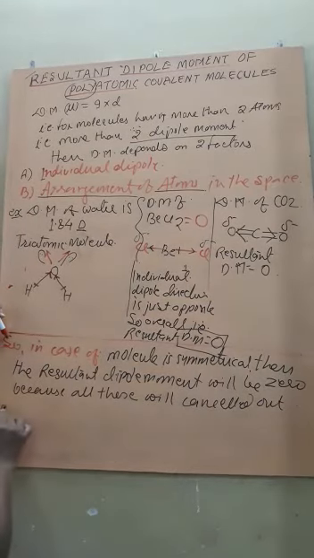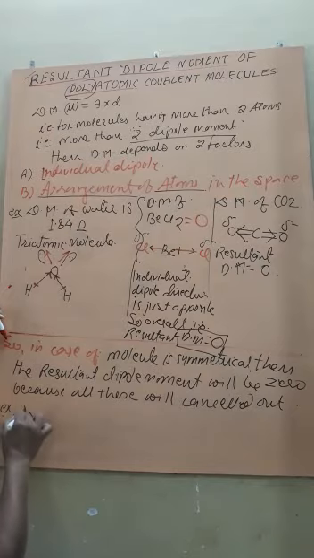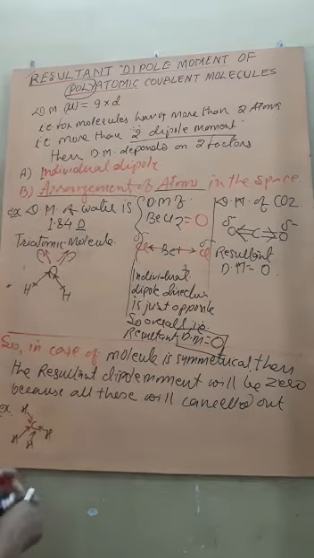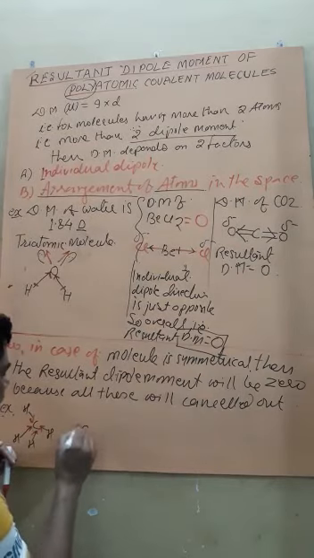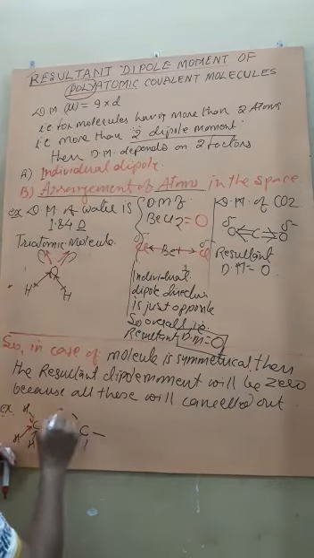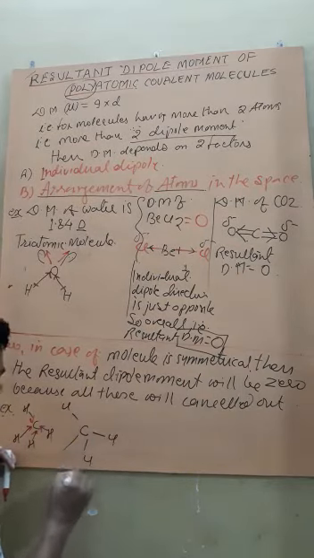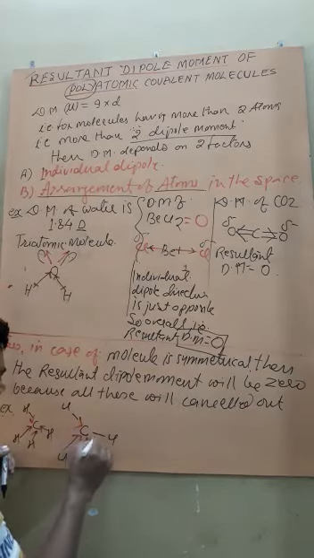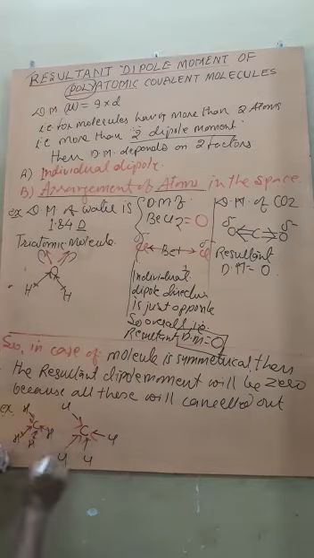Therefore, it will be 0. Example, say CH4. Now the dipole moment direction is towards carbon. In case of CCl4, this is Cl, and Cl. Again, it is a symmetrical molecule, so it is again getting canceled out.